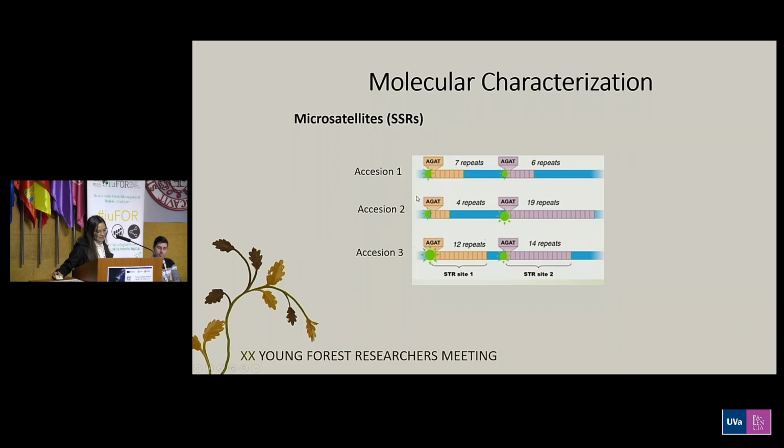And these are like keywords, for example, AGAT. And if this keyword repeats different times, for example, here 7, in the second we repeat 4, and this 12, this is something that we are looking for, because we say that a microsatellite is polymorphic and gives us information to say that one plant is different from the other.